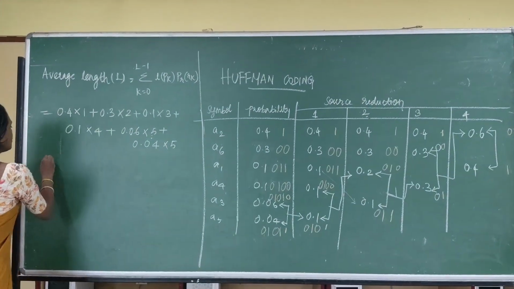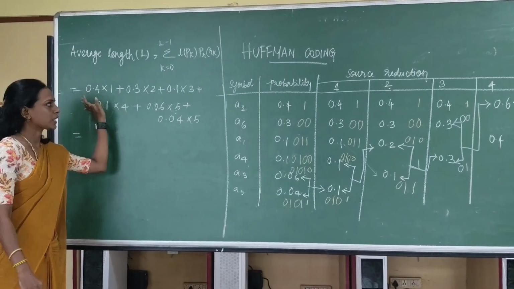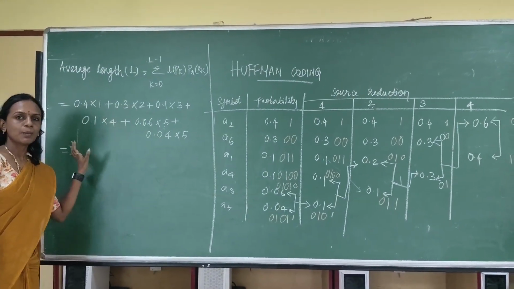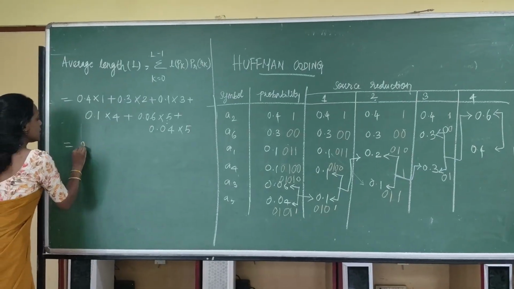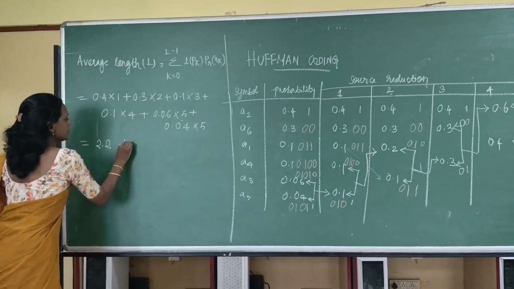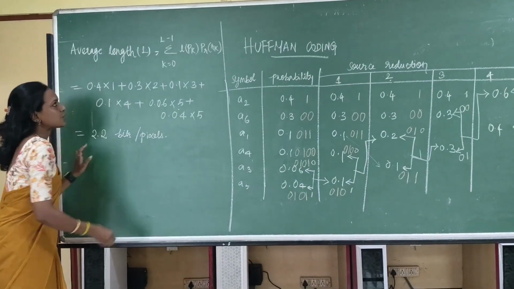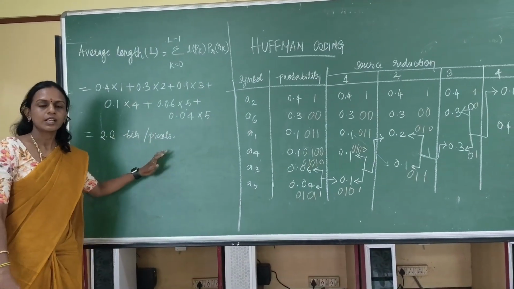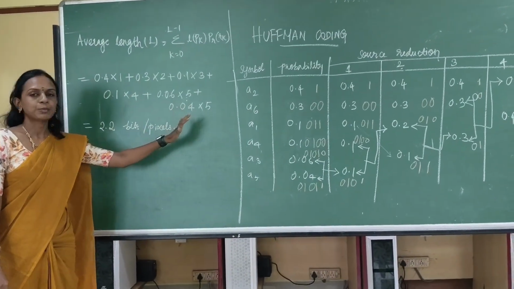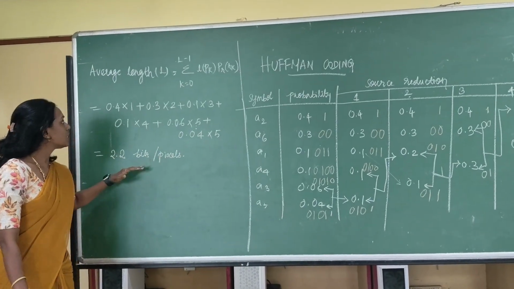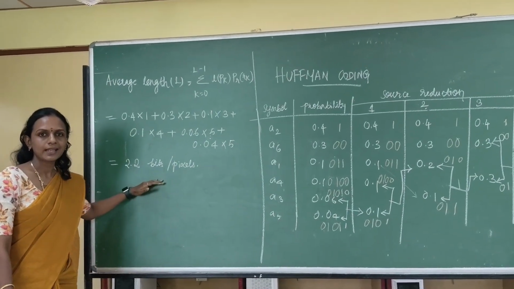So if you calculate this product and sum it up, the number of bits that we are going to get is 2.2 bits per pixel. So this is how the average length, capital L, is calculated for the Huffman coding scheme for the reduced codes that we have obtained.